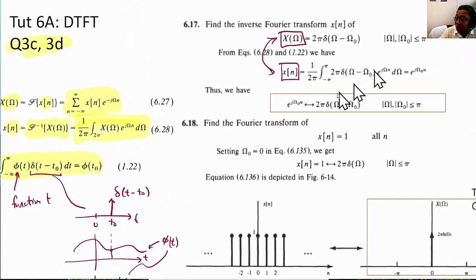And of course, we then apply the inverse DTFT equation here, which is 1 over 2 pi integrated across a period of 2 pi, and this is X of omega, so it's 2 pi delta omega minus omega naught, and then we have e to the plus j omega n. Now, we see the delta function multiplying the complex exponential function. The 2 pi, of course, disappears because it cancels. So this guy simply becomes this guy.